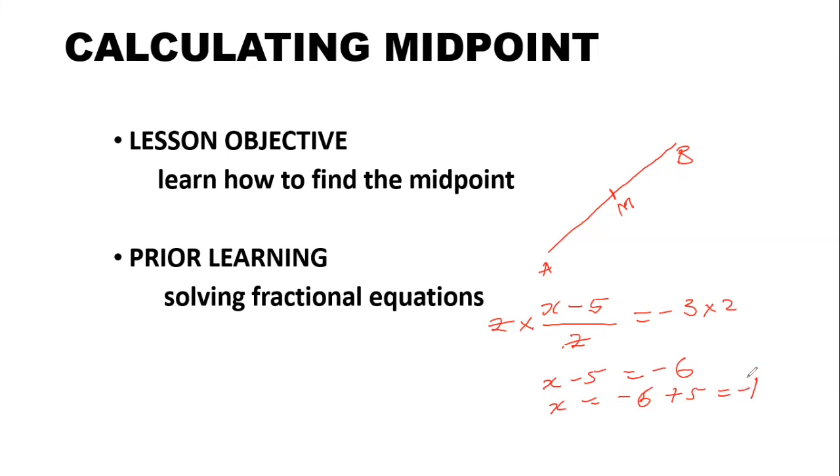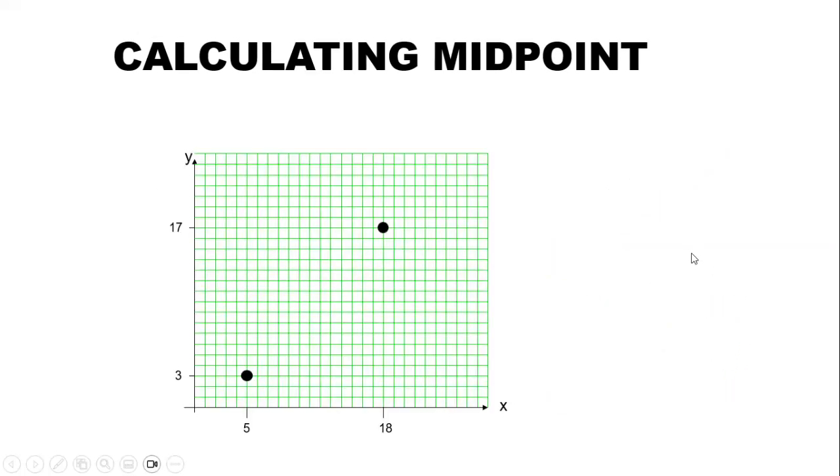It is important to know how to solve equations like this because you may be given point A and this midpoint, then you are asked to determine this point B. It will result in equations similar to the one that I just solved. Now let's learn how to find the midpoint.